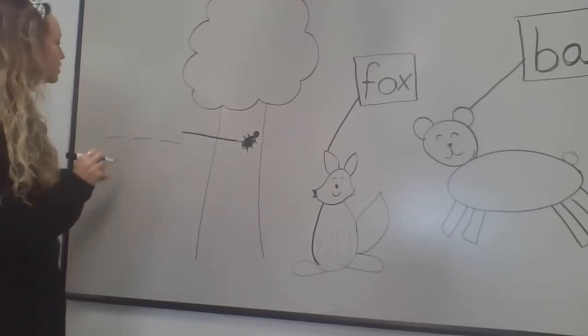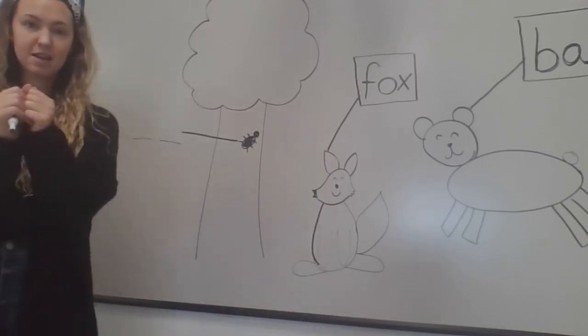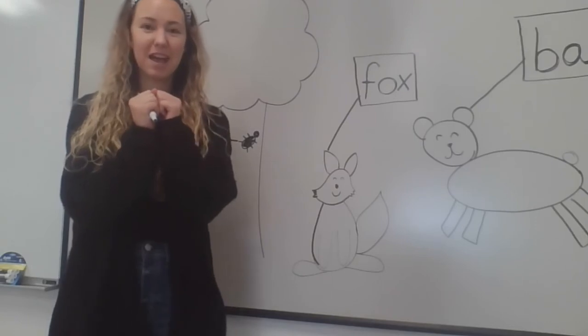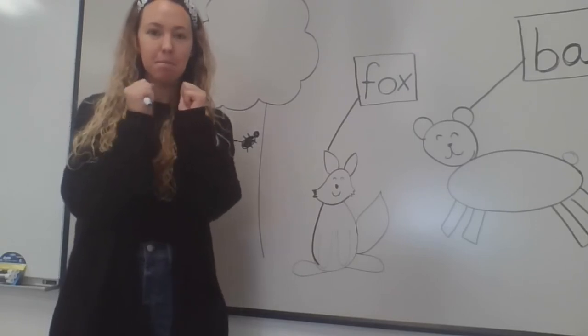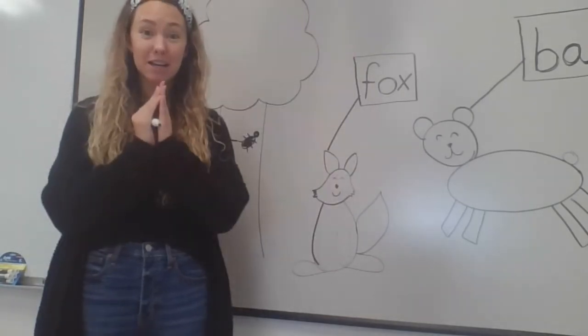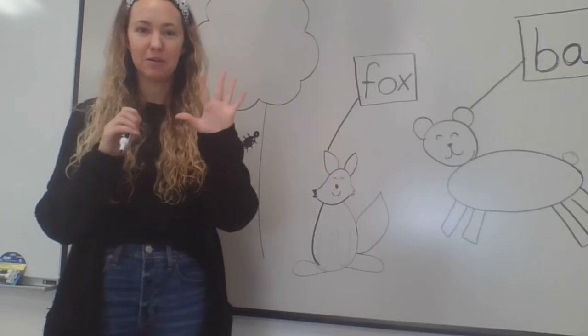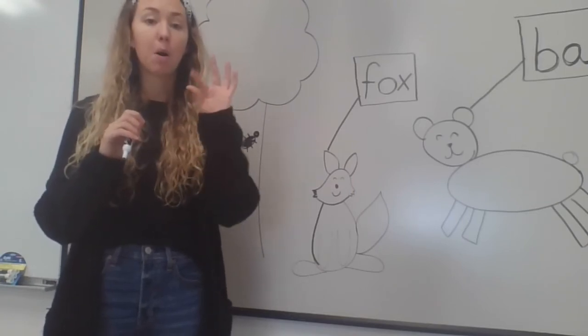Okay, so let's go ahead and stretch out the word bug. Are you ready? Okay, stretch it out with me. B-ug. Bug. Good job. Let's go ahead and segment the word bug. Ready? B-ug.